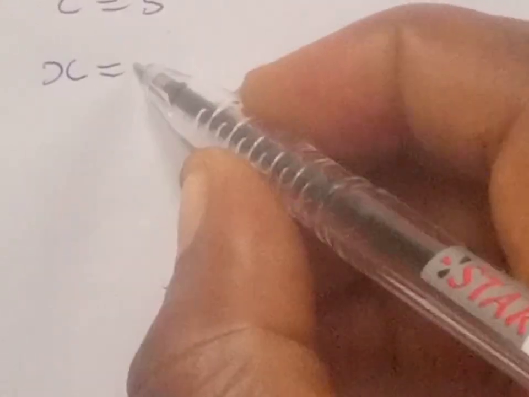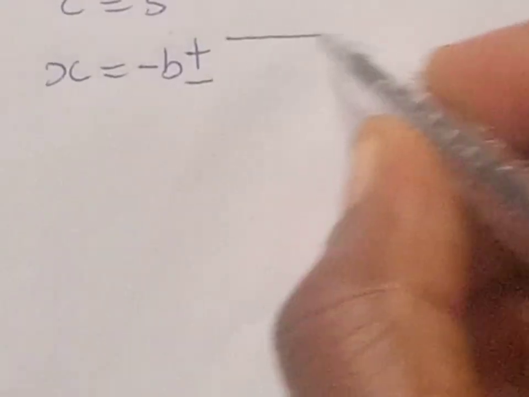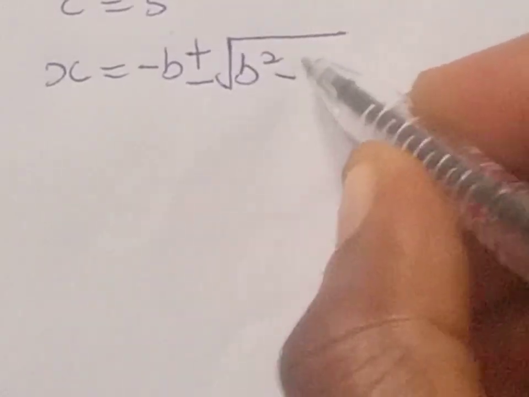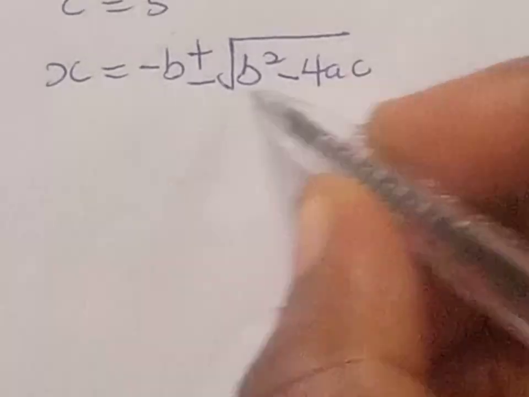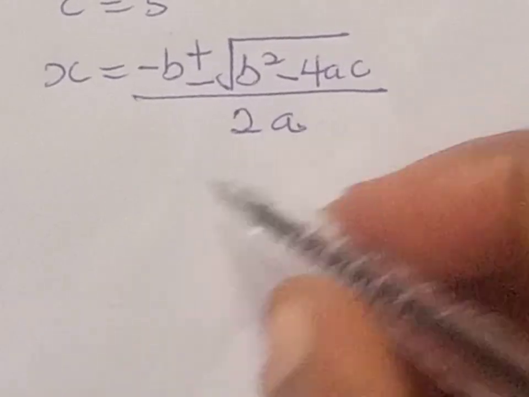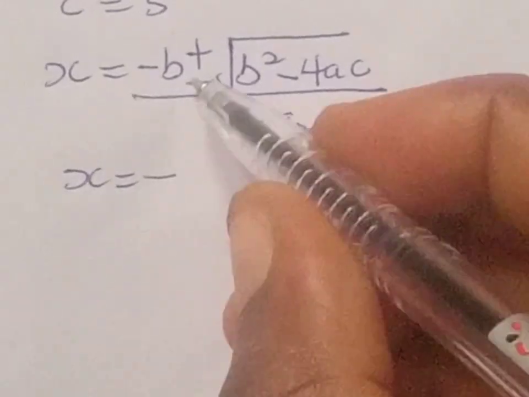Now let's substitute into x equals minus b plus or minus square root of b squared minus 4ac, divided by 2a.